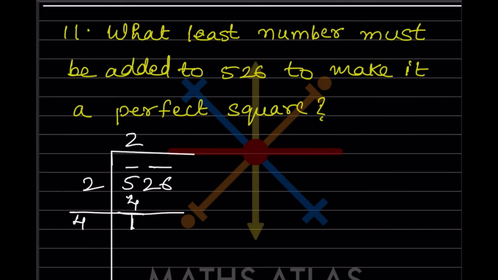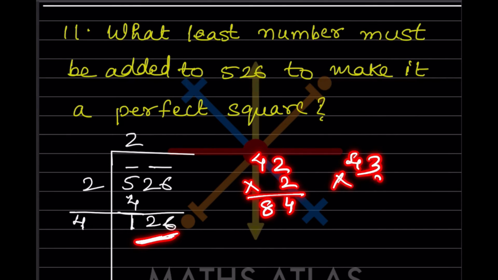Now because 4 is a bigger number, so you will take this 26 over down. So now what will you write here? Again, now let us see if we are taking 42 into 2, so this is going to be 84 because we want 126 here. 43 into 3, so that is going to be 129.